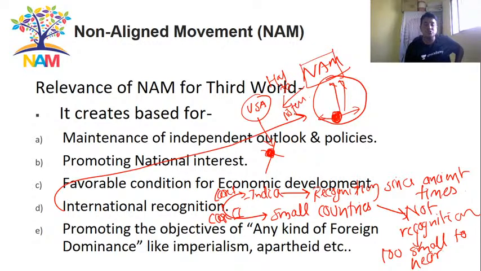Why? Because on the first day we mentioned NAM is a group of around 85% of world population. Along with that, NAM's membership is two-third of UN.